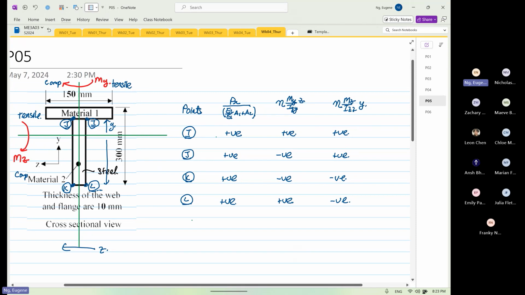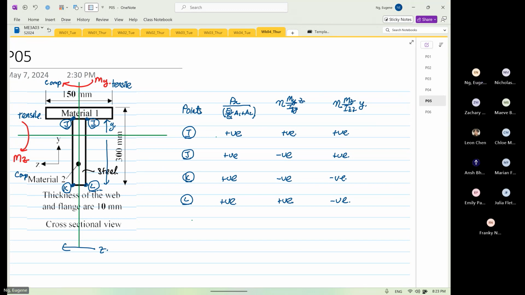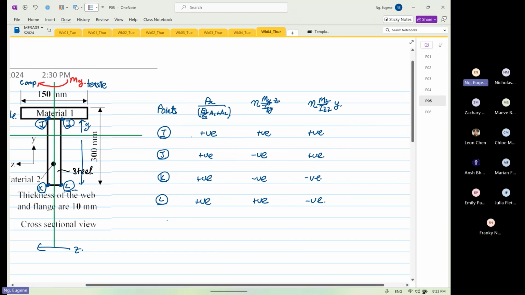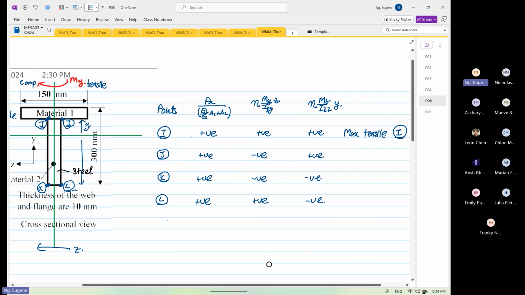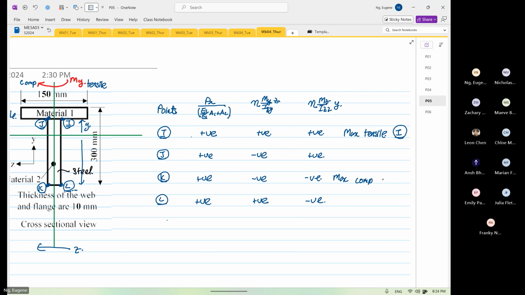So if you look at all these points now, we know that maximum tension will be at point I. And then we also know that maximum compression will be at point K, because this is negative, negative, this is positive, negative.